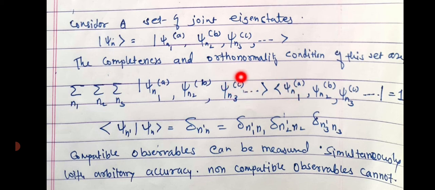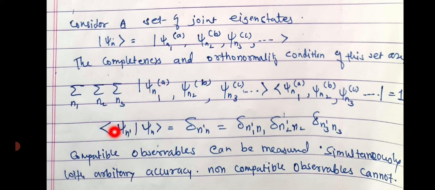So these are the vectors and these are the operators. So psi n1 a, psi n2 b, psi n3 c is equal to 1. If this condition is satisfied, then we can say they satisfy the completeness and orthonormality condition. All the wave functions in quantum mechanics satisfy this completeness and orthonormality condition.